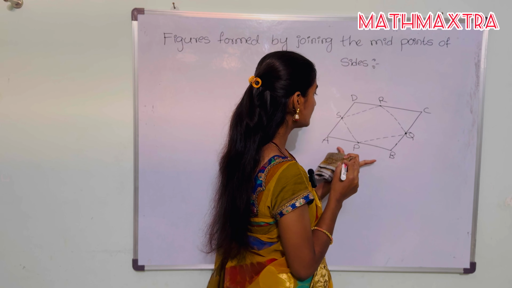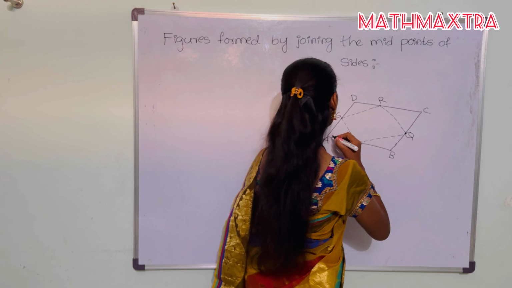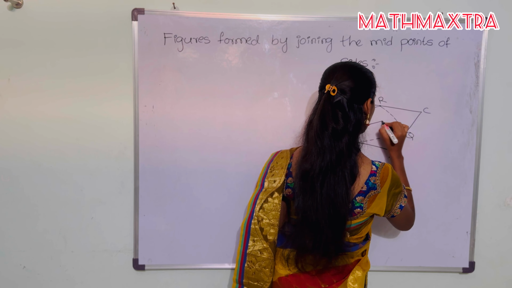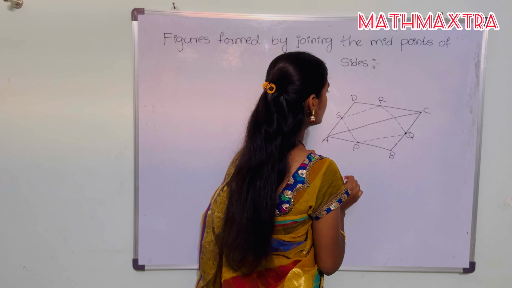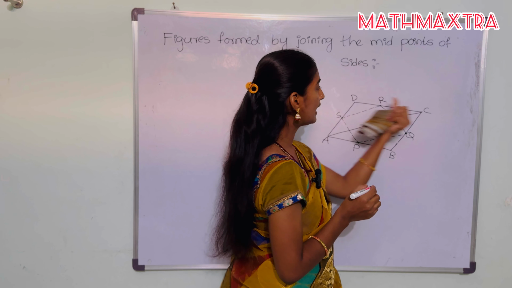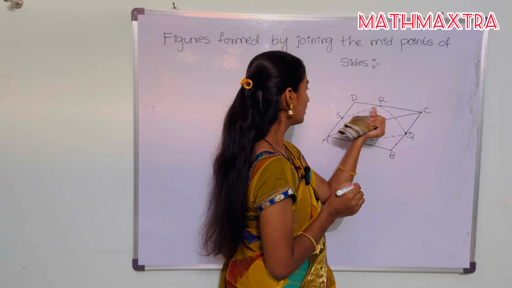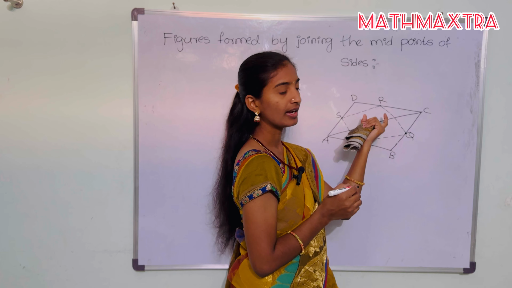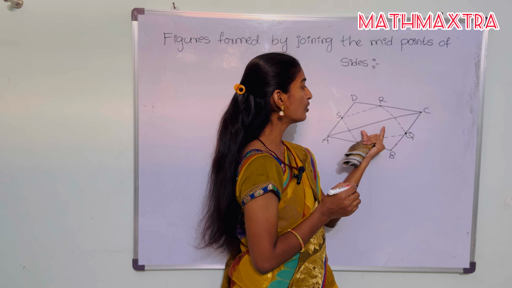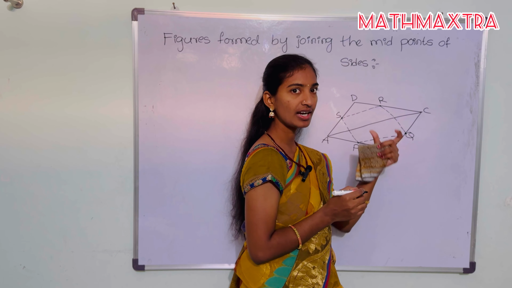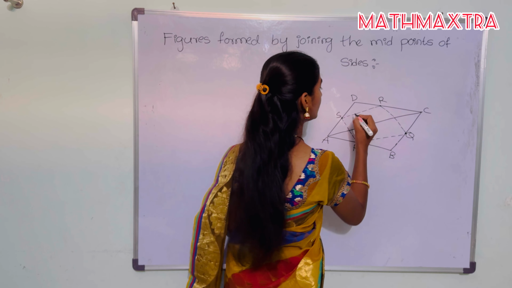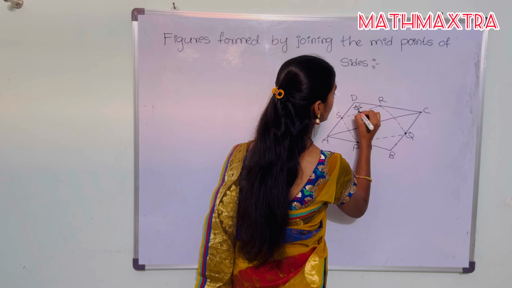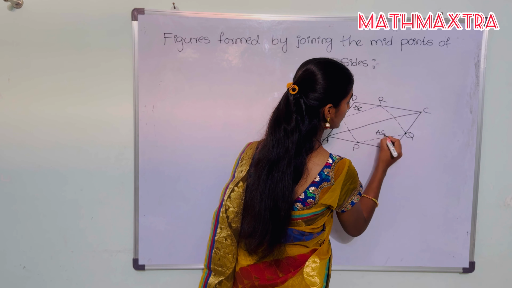See, as this is a parallelogram, I am joining a diagonal AC. So if you consider triangle ADC, these two are midpoints of the sides of a triangle and this line segment will automatically be parallel to the third side and exactly half of it, isn't it? So this is AC by 2 and this is also AC by 2.